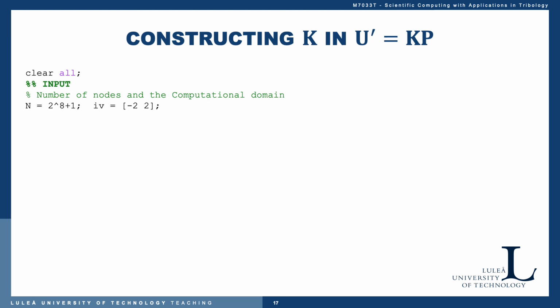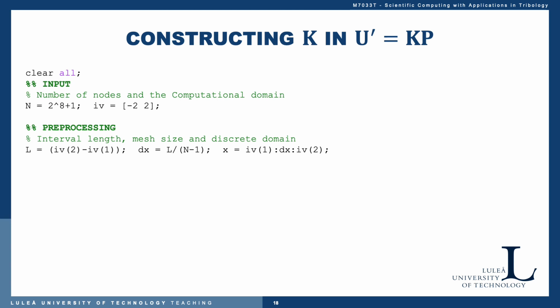So a very useful way of defining the number of nodes. Next would be the pre-processing stage, and in this case it's also very simple. It's just the interval length, the mesh step size, and the discrete domain. So nothing strange with this.